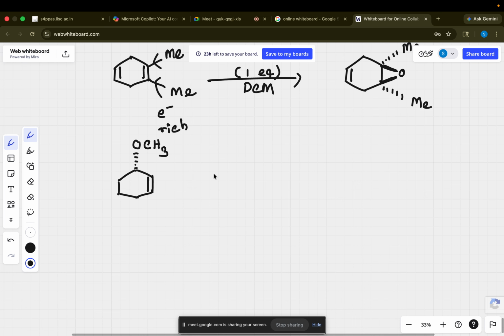Suppose you have this. Here also I am using mCPBA, DCM is the solvent. What will be the product here?